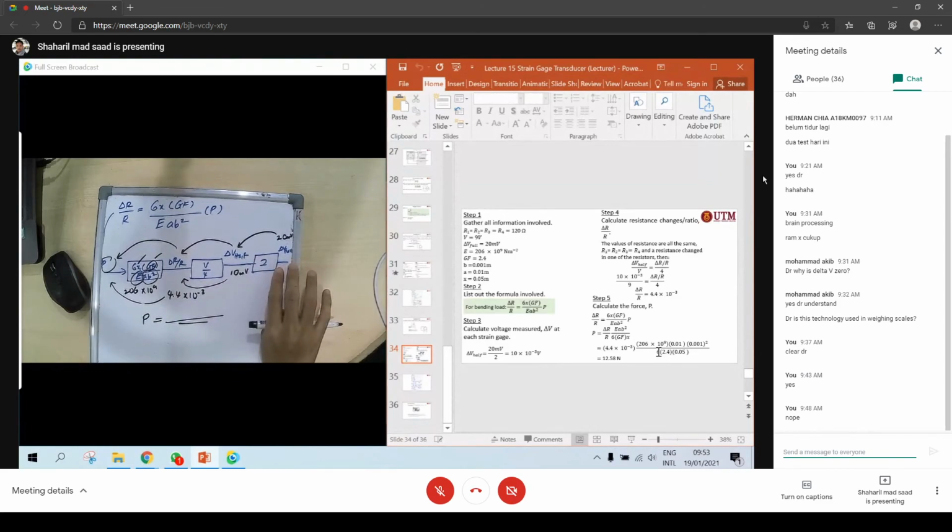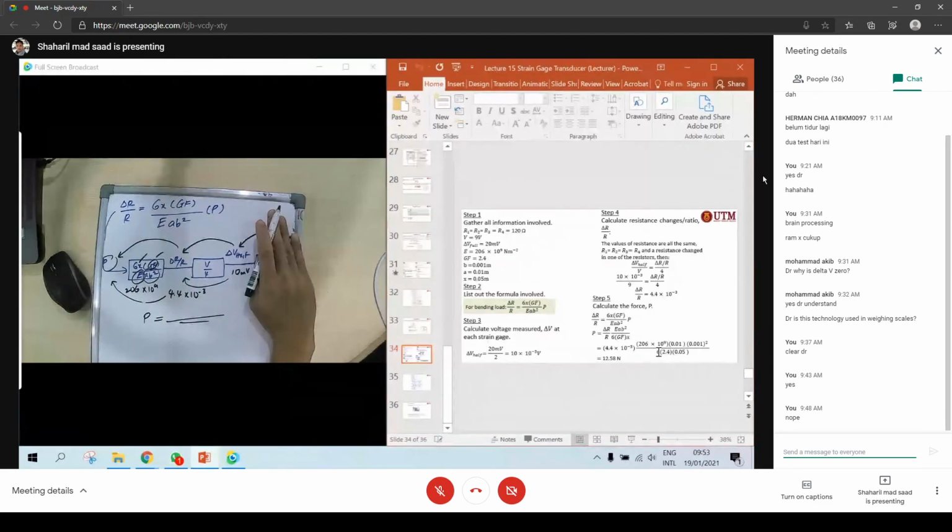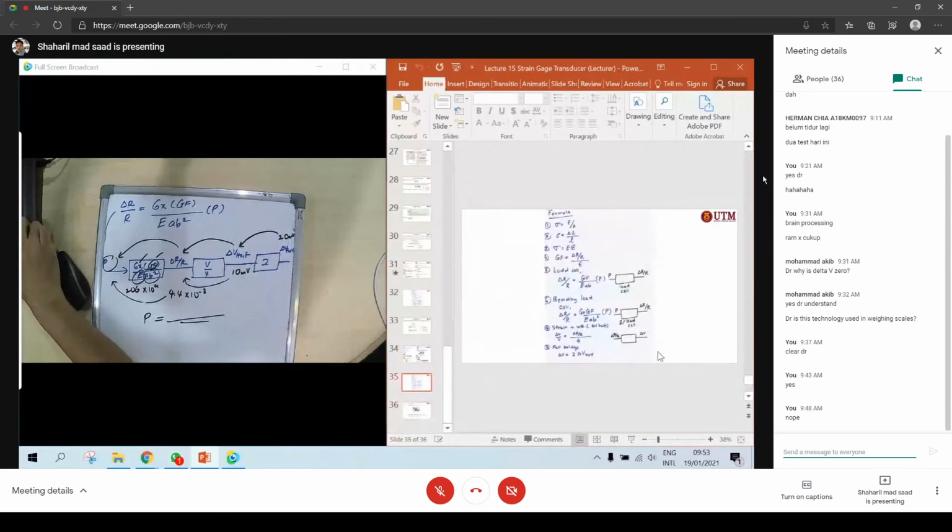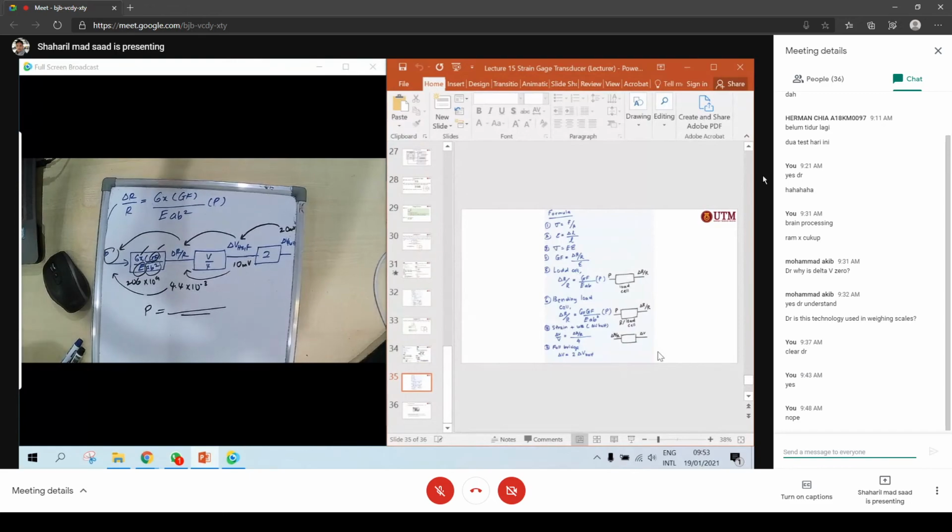If you use a load cell or bending load cell to measure only the half, or the top one of the object, for example, then you only find delta V half. Done. So this is the summary of the formulas involved in this chapter. Yay, we have finished.